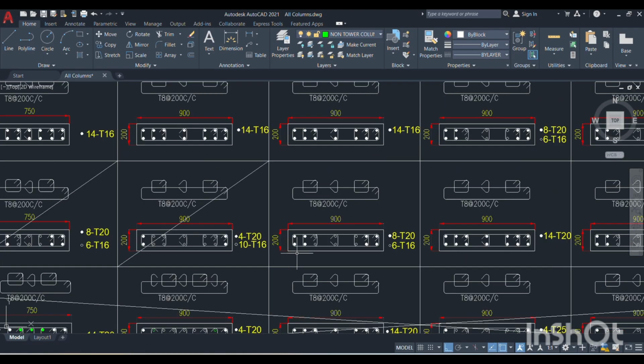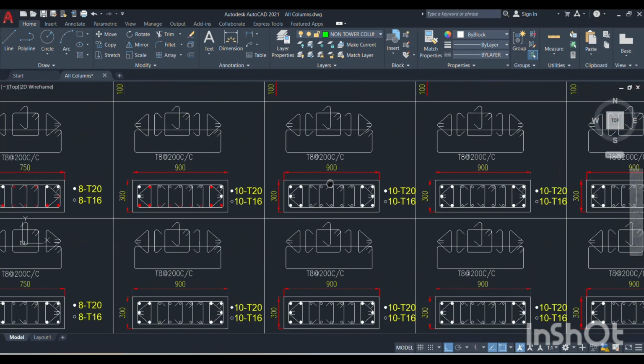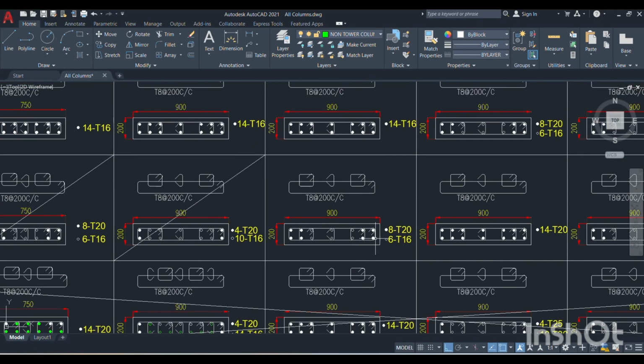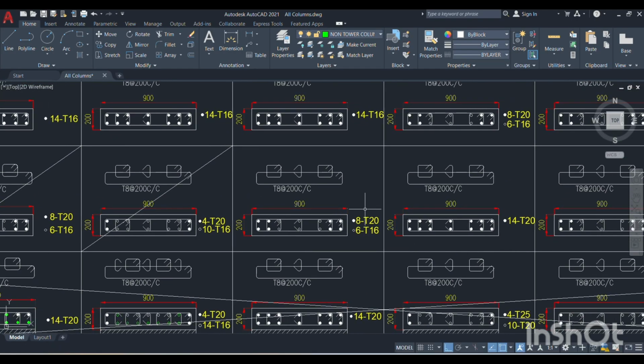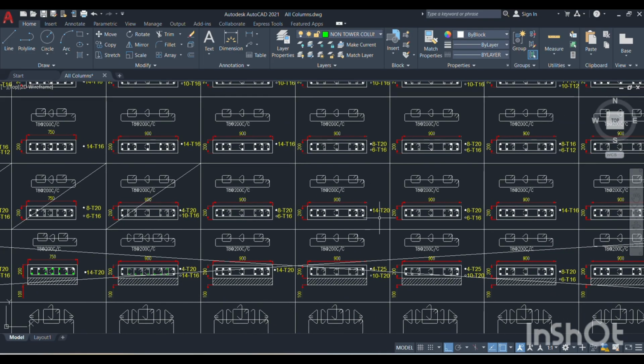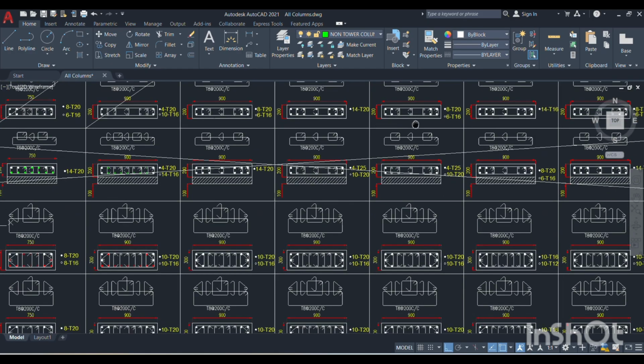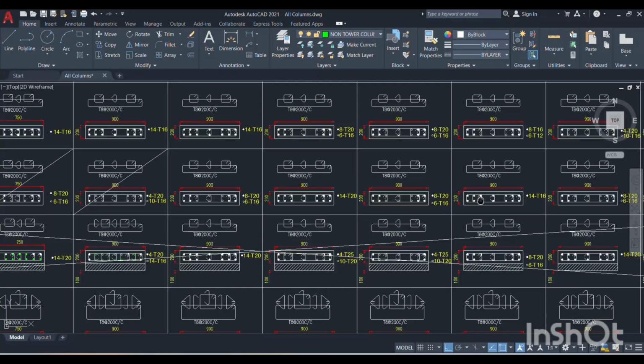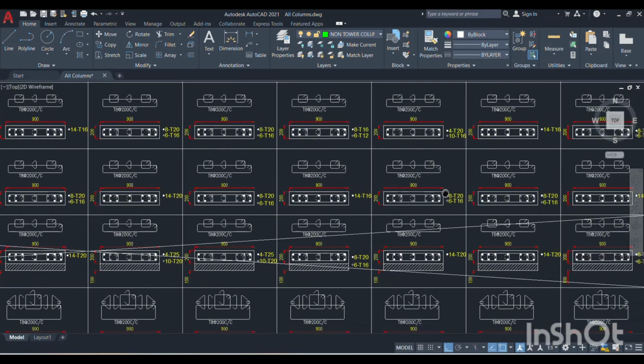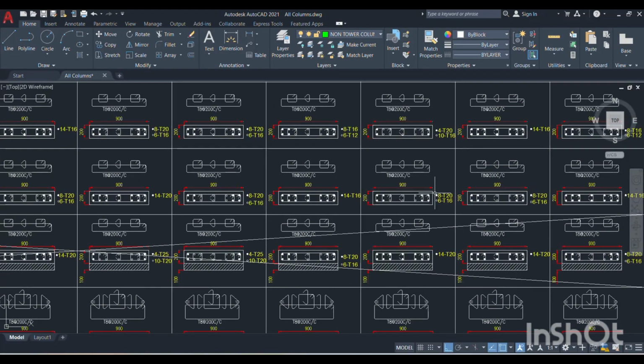Next, go to C6. What is C6 saying? C6 is 820 and 616. You see, here also 820 616 is there, and here also 820 616, 900 by 200, and the same ring pattern. So here what you have to do, this is C6 and this is C8, and anything is there, just go and search 820 and 616.